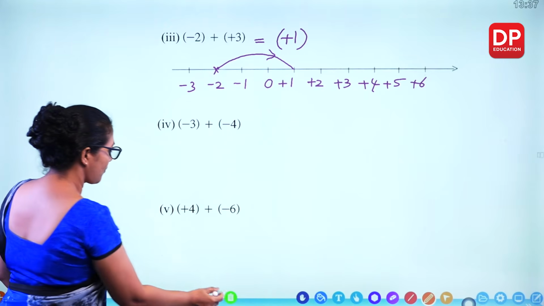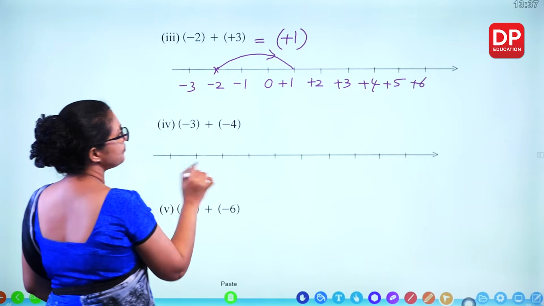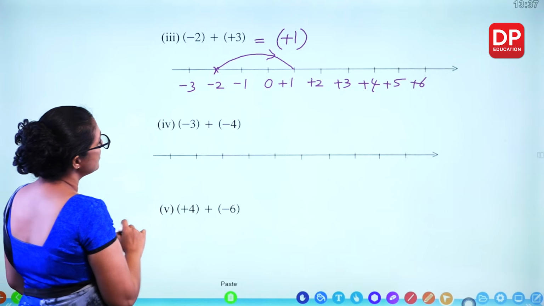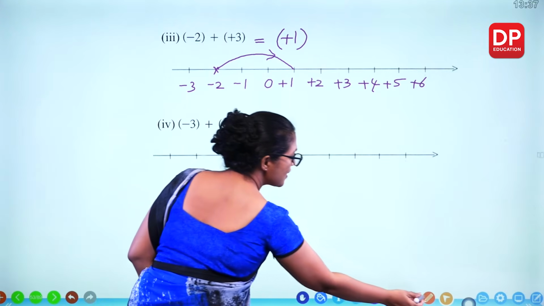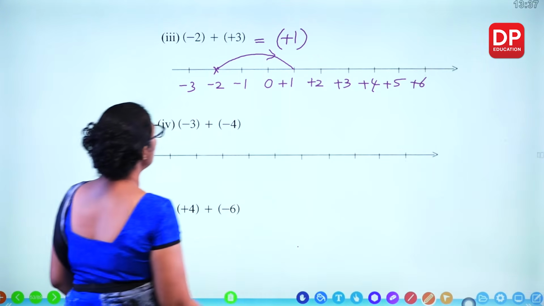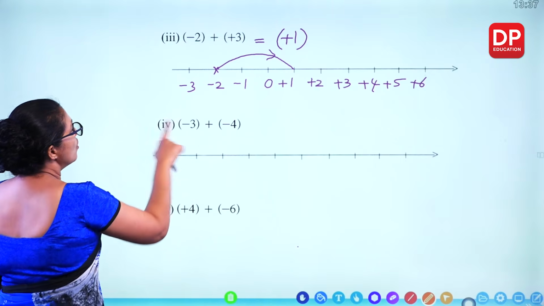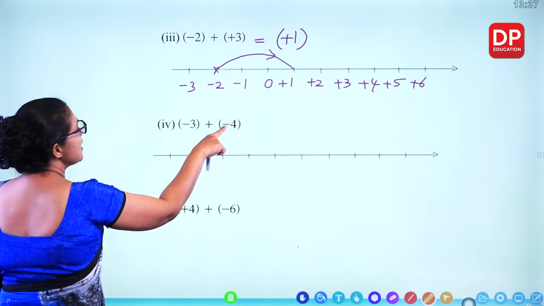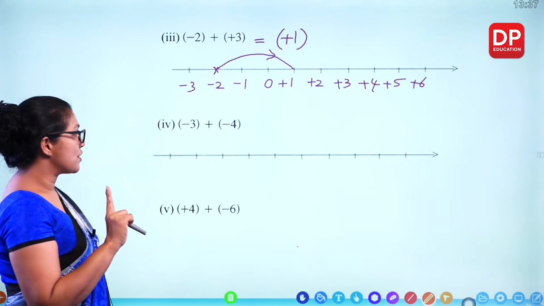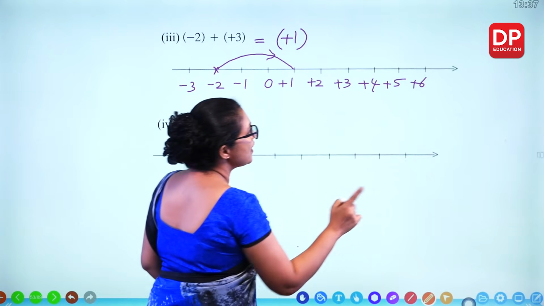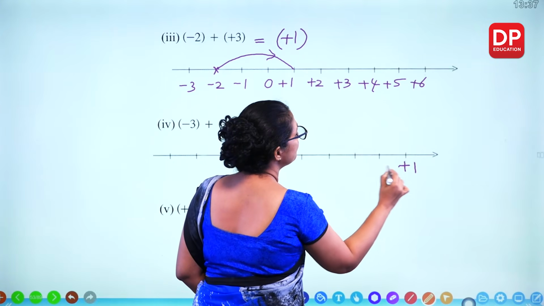This one. Take the number line. And starting value is minus 3. So you need to check minus 3. But here minus means moves left. So we'll start from here. Plus 1.